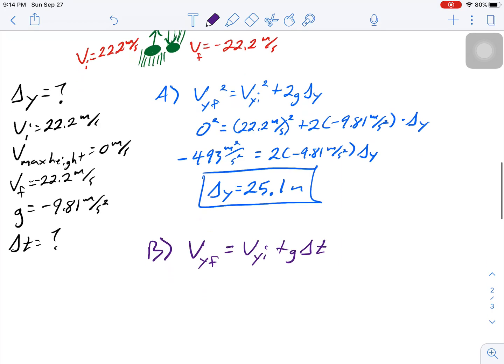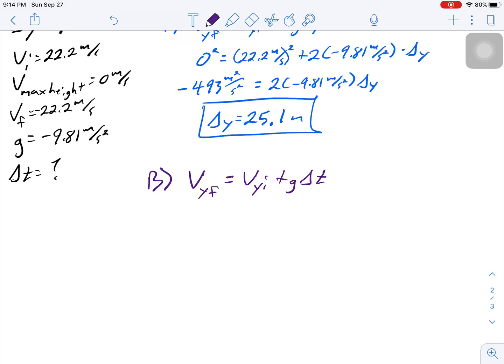That's what I believe is the most direct path. Now we have two ways that we can do this. Option 1 is going to be assuming we go to the apex. So our final velocity will again be 0, our initial velocity is 22.2, g, delta t.